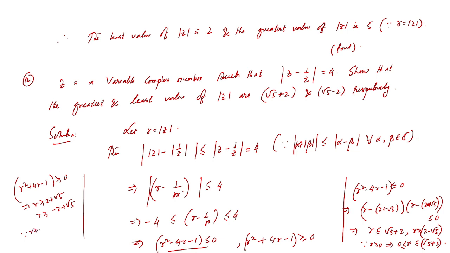Again, since r is greater than or equal to 0, this implies r is greater than or equal to root 5 minus 2. Combining these two, the range of r will be root 5 minus 2 less than or equal to r less than or equal to root 5 plus 2.